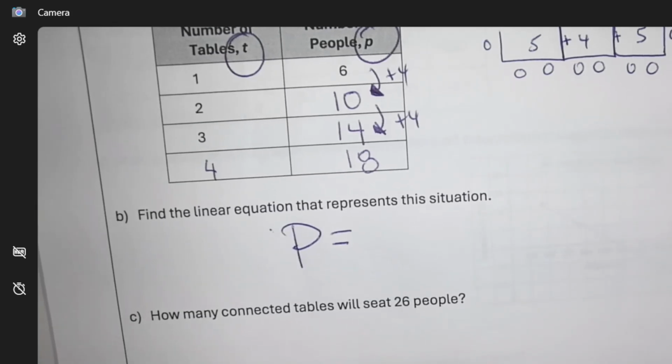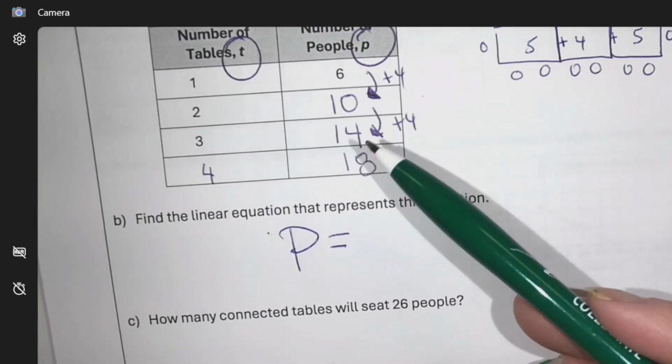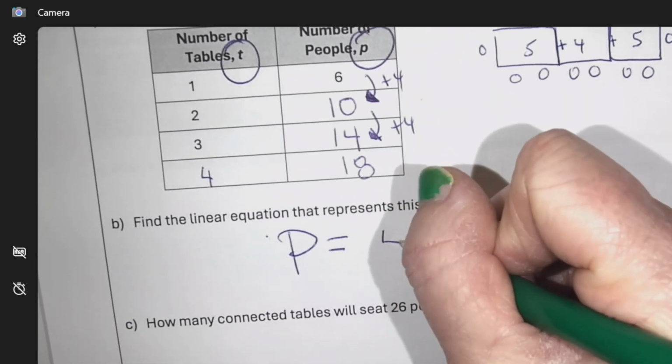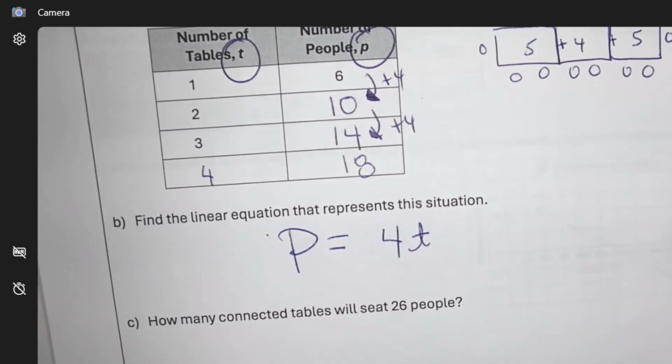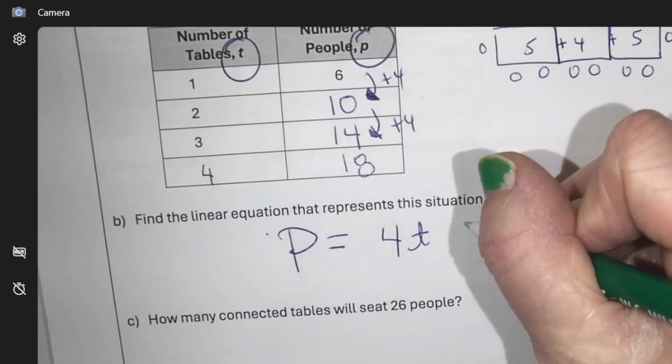Okay, so let's talk about the other stuff. We said that every time we have to do 4 and 4 and 4. So 4T plus 2. And then you have to go back to the pattern and figure out. So if I put it into the 4th and I did 4 times 4, 16.